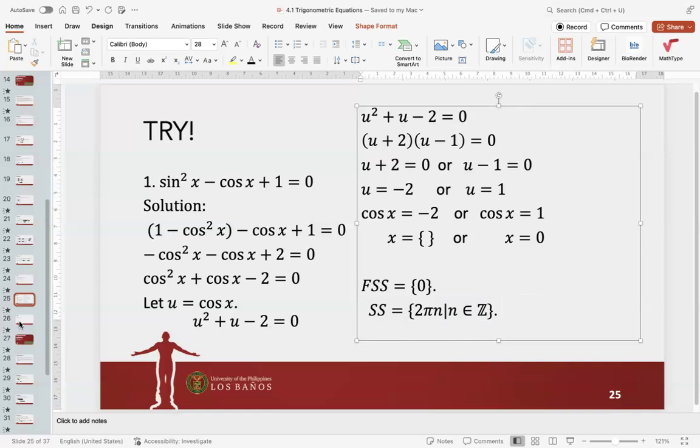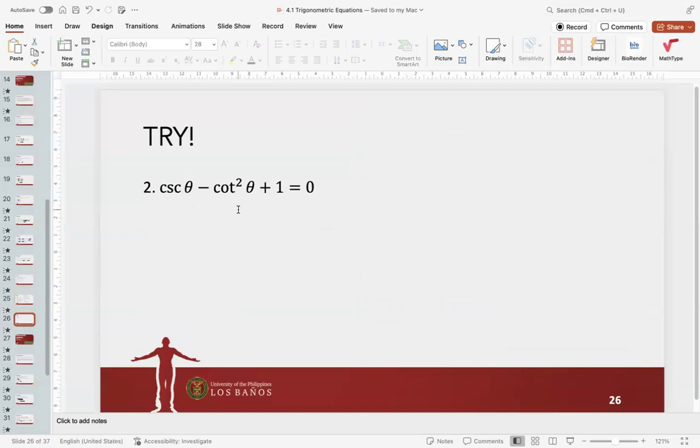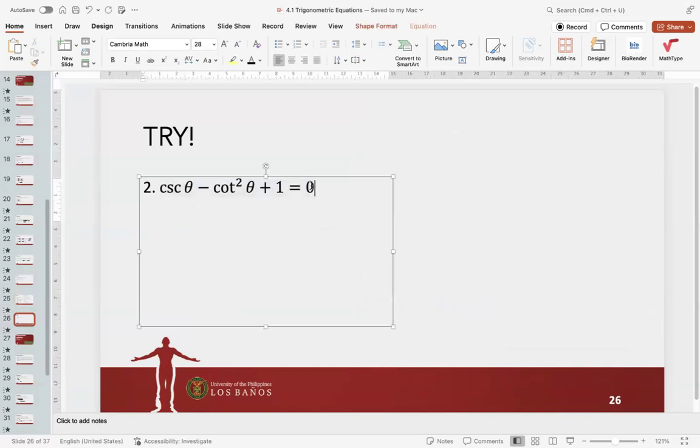So now let's try the last one. So for this one, again, we will just use our Pythagorean identity. So we want to change cotangent squared in terms of cosecant, and we can do that by changing cotangent squared theta into cosecant squared theta minus 1.